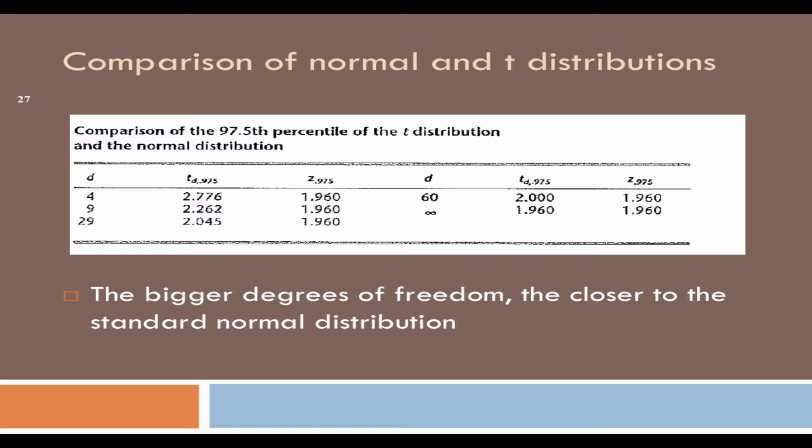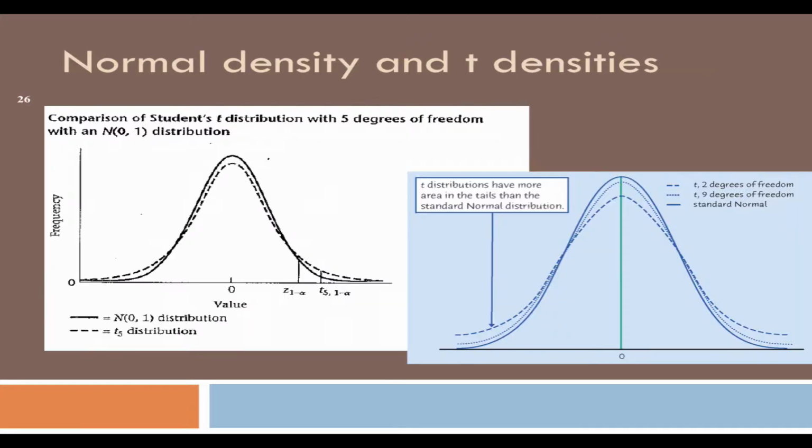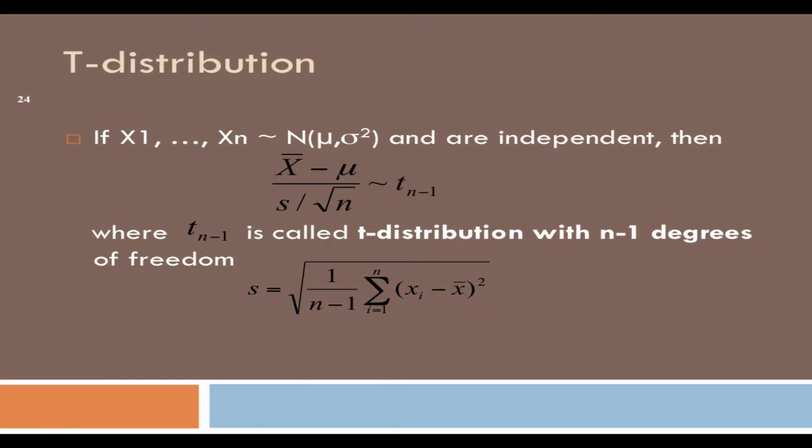So the degrees of freedom then is the number of samples that you've taken to generate your sample mean. Is that correct? Yes. So this n here is the number of samples that you estimate the mean from, and the degrees of freedom is n minus 1. So if you chose, say, 3 samples to get a mean, your degrees of freedom would be 2.